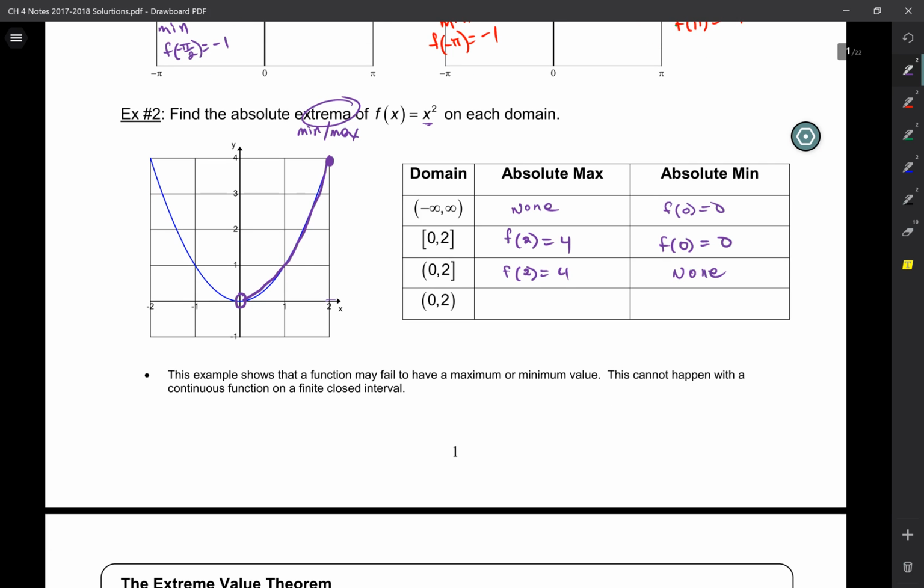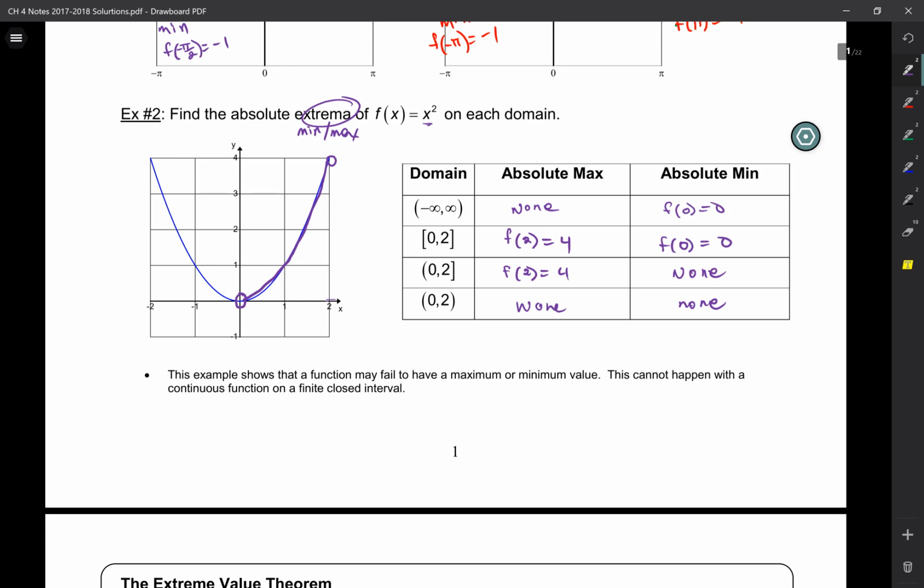Next, 0 to 2, if they're both open, it's none for both. Why wouldn't there be? Because technically, what would have been the lowest point that this reaches here? But you're not allowed to access that point, and there is no other point for you to access because you don't know. Do you take 0.1? Do you take 0.001?